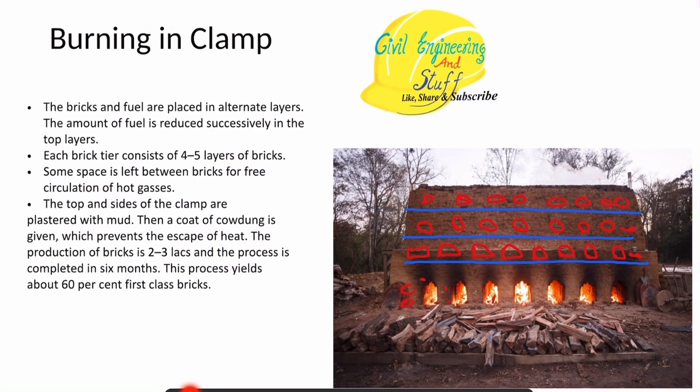The bricks that are placed near the source of heat or way too far from the heat source are either overburned or underburned, because of which they do not have the desired properties so that they can be used for construction purposes. Okay, so this is your burning in a clamp.